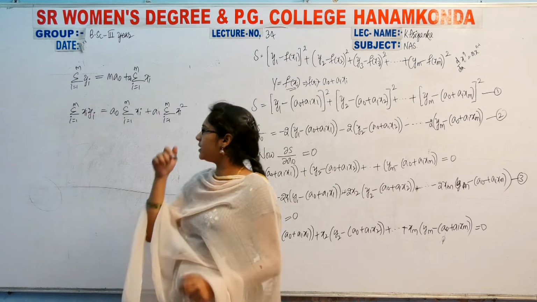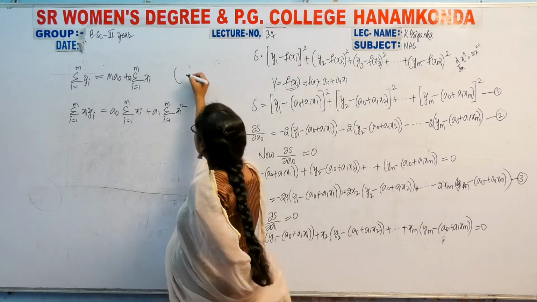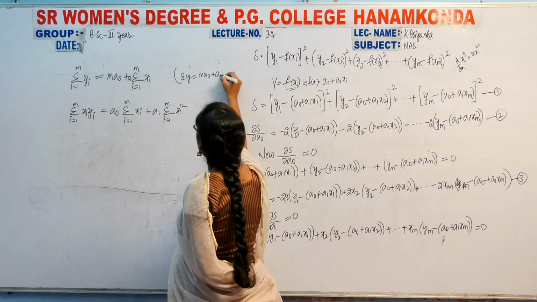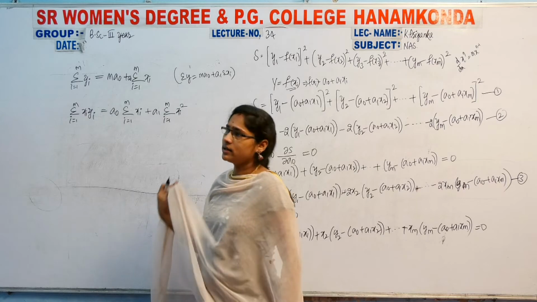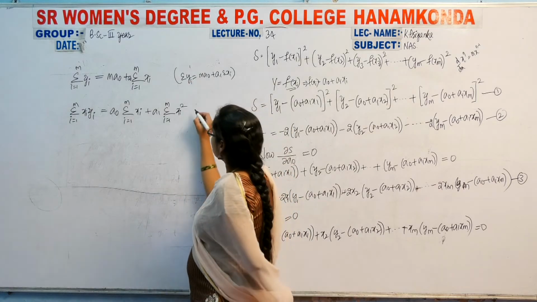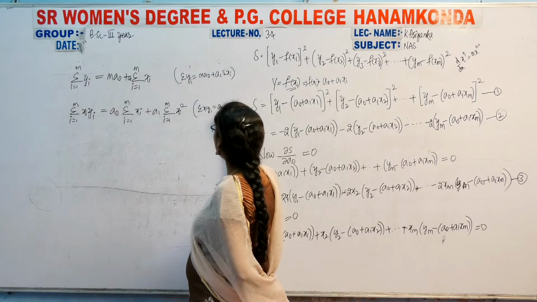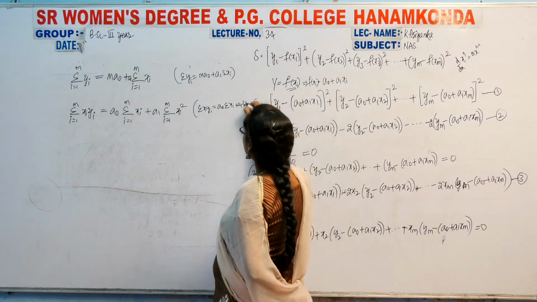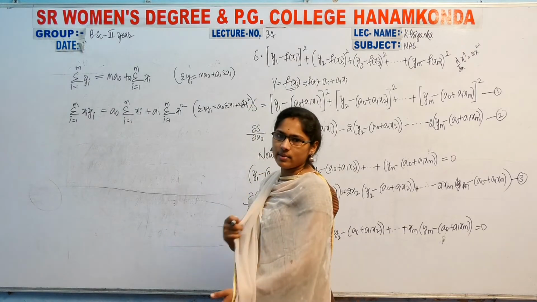You can remember them in a simple way, over i. Summation y equals m a naught plus a1 summation xi. Next, summation xi yi equals a naught summation xi plus a1 summation xi square. In a simple way you can remember it in this way.